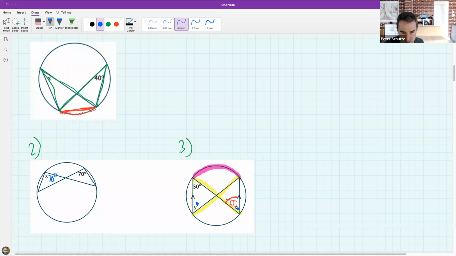We did the first step to get x was 50 with alternate angles, and then we got y is 50. So it's the same shape, and the shorthand reason, now I'm not focusing on reasons in this course, I'm just focusing on shapes, is angles in the same segment. It's the same theorem that I've been talking about a lot so far.